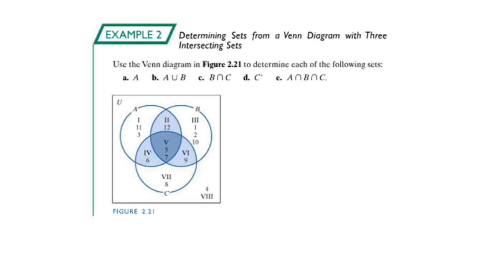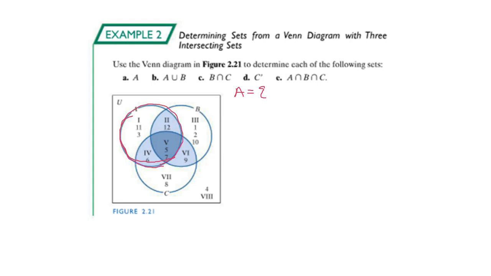For example 2, it is asking us to determine sets from a Venn diagram with 3 intersecting sets. So for part A, it wants to know what is set A. So if you take a look at set A, we just write down the elements that are contained in set A. So I'm looking at, I don't know if you can see this circle or not. It's not a good circle, but this is what I'm making.